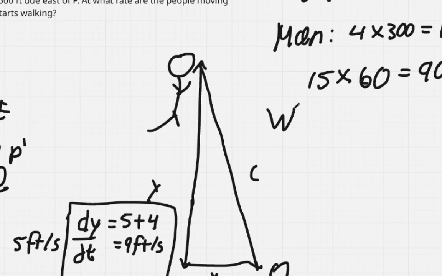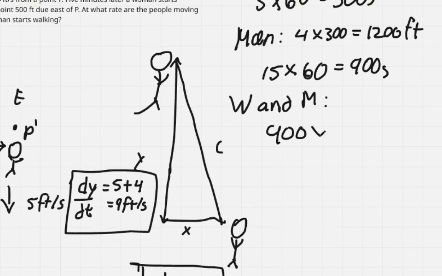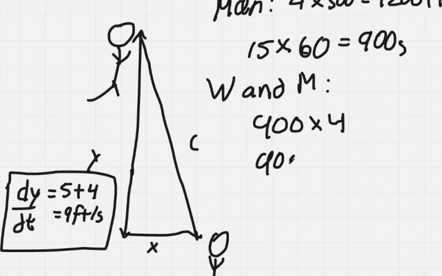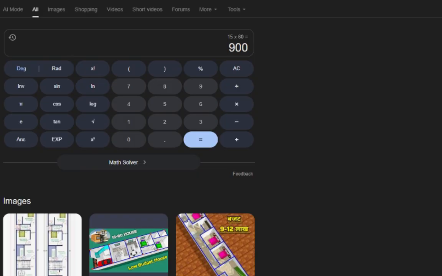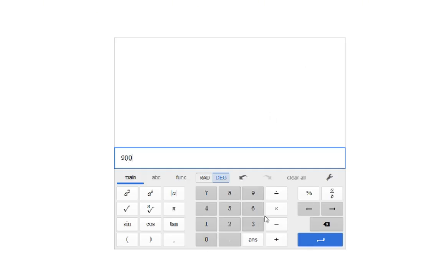And then we do man and woman. We do 900 times 4, and then 900 times 5, and we add these together. We get 3,600 plus 4,500. That's why we have Desmos. Shout out Desmos for the sponsor. We have 8,100.